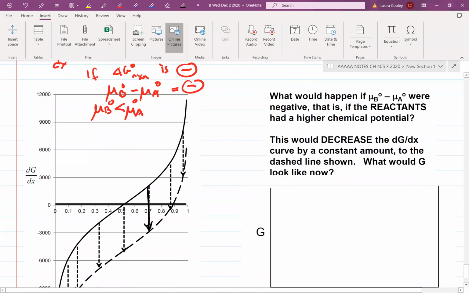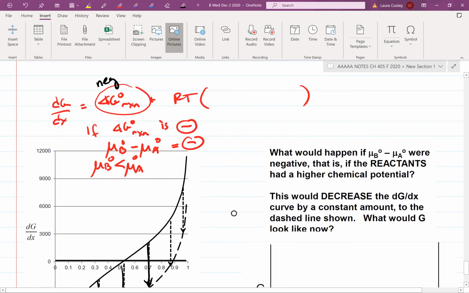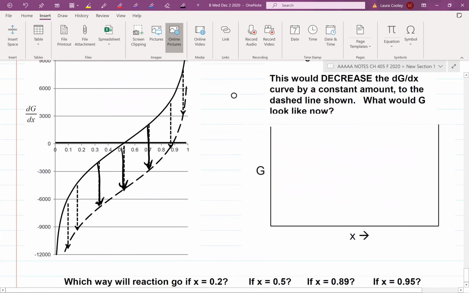It's causing dG/dx to be a lower value than it would have been without it. So we're adding something negative here. So this curve is going down, it's dropping. And when it does, it intersects the 0 at a different spot, a spot at a higher extent of reaction.